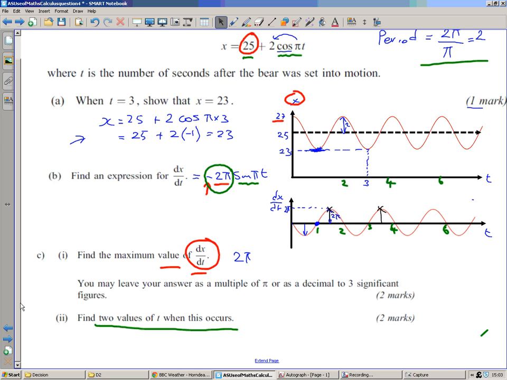So that's the final answer to the question: t equals 1.5 and t equals 3.5 are the two values when dx by dt is at its maximum. Okay.